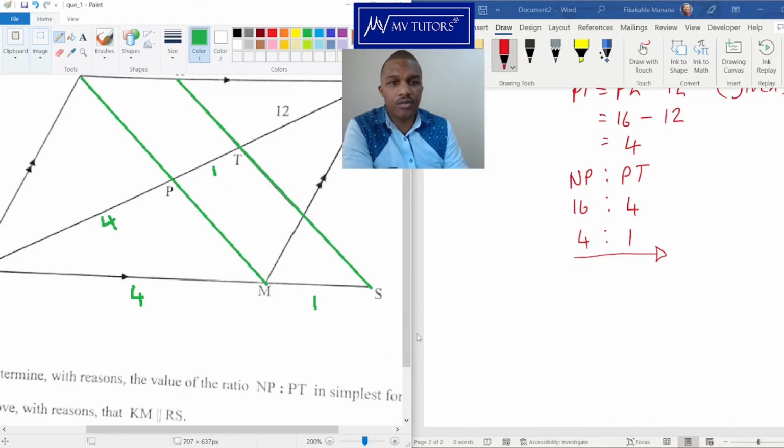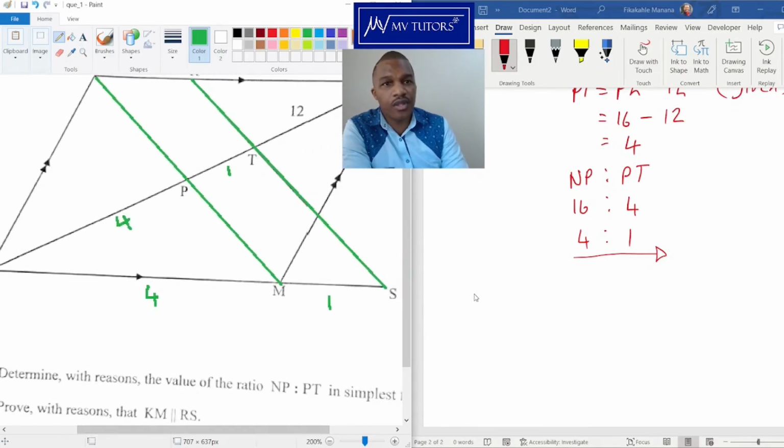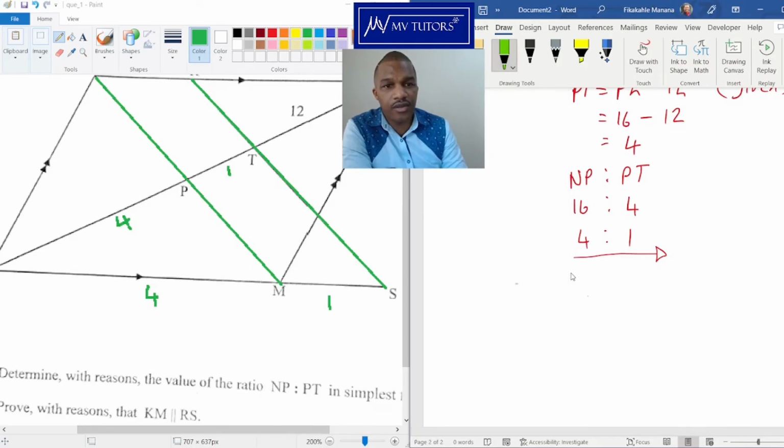Okay, so how we're going to write this up, we're going to say 9.2.2. Let's change that to green. We're going to say NP is to PT.